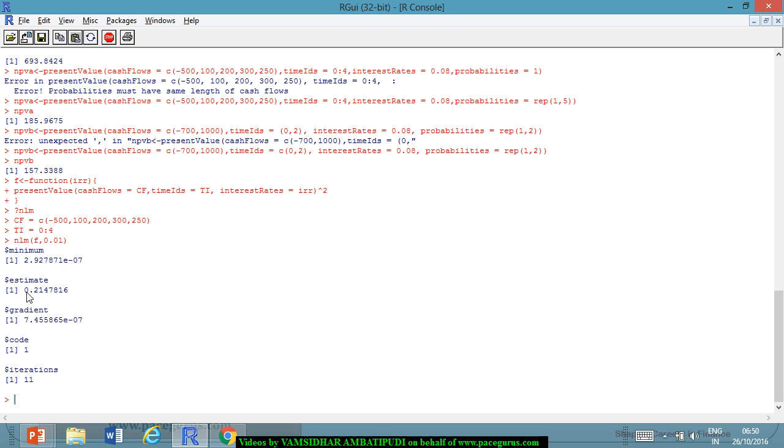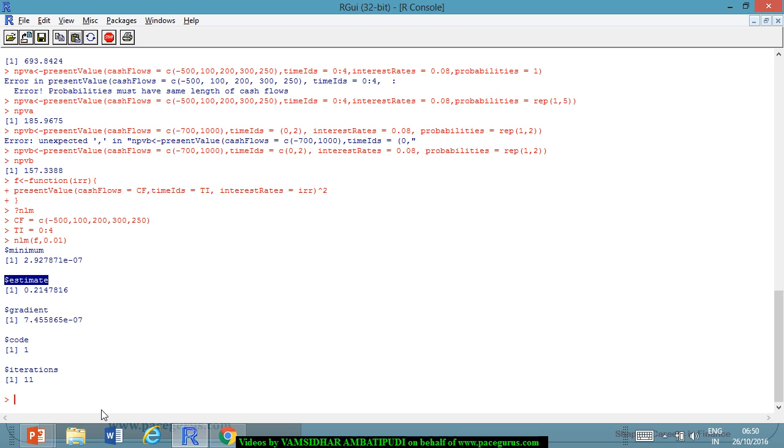I am getting the estimate value, which is nothing but the IRR value. I am getting the gradient, which is the slope, then the code and the number of iterations it has typically taken. So what I really need as an IRR is this estimate.